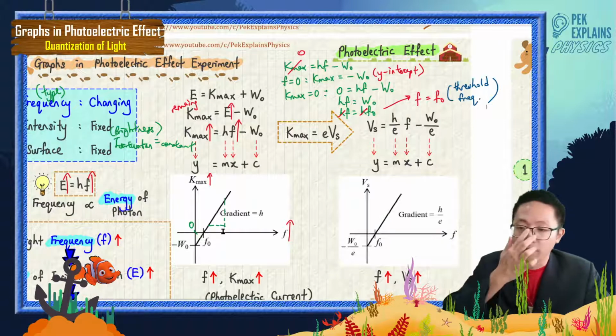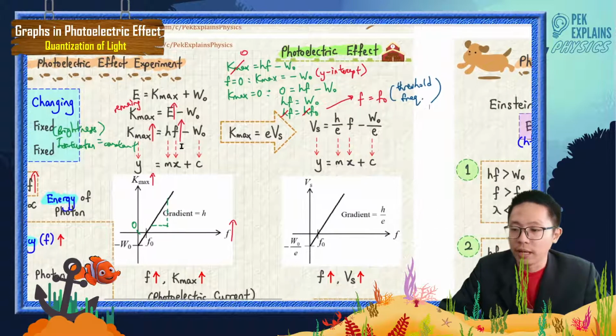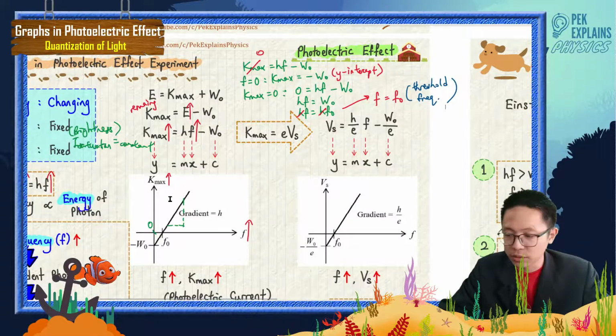Now, how about this one? I substitute Kmax with e times Vs, electron times stopping potential, and then I divide both sides with e. So I end up with this formula.